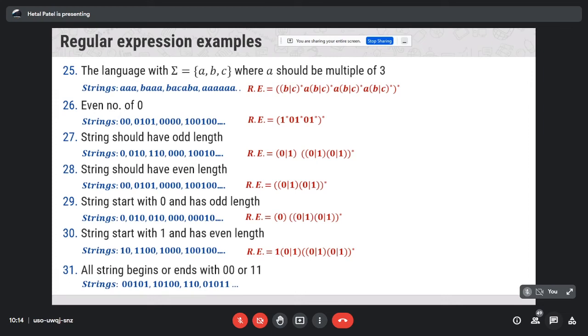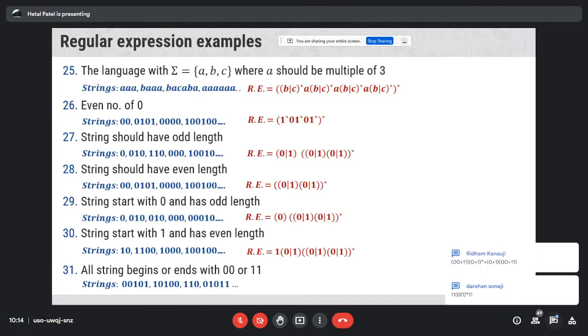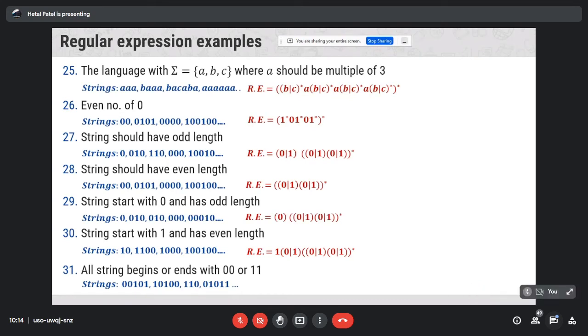What should be the RE? It starts with the 0, 0, then any combination of 0 and 1, but ends with the 1, 1. All strings begin with or end with 0, 0 or 1, 1.